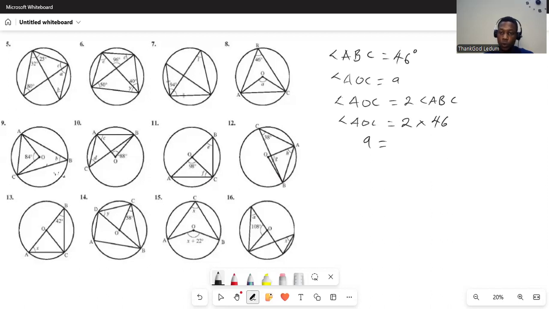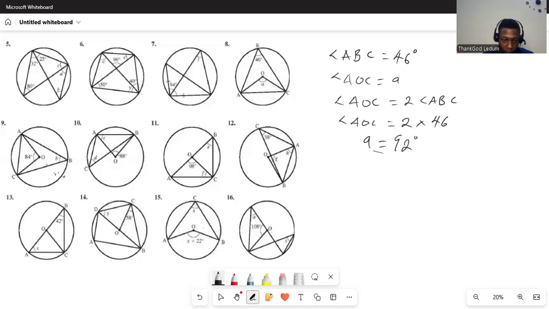This will be equal to 2 times 46. That means you're going to be having 92 degrees. That means this angle here is 92 degrees. Now, if you look at a, you see that 92 is actually twice 46 degrees. So that's how we got this answer. So let's do this one.